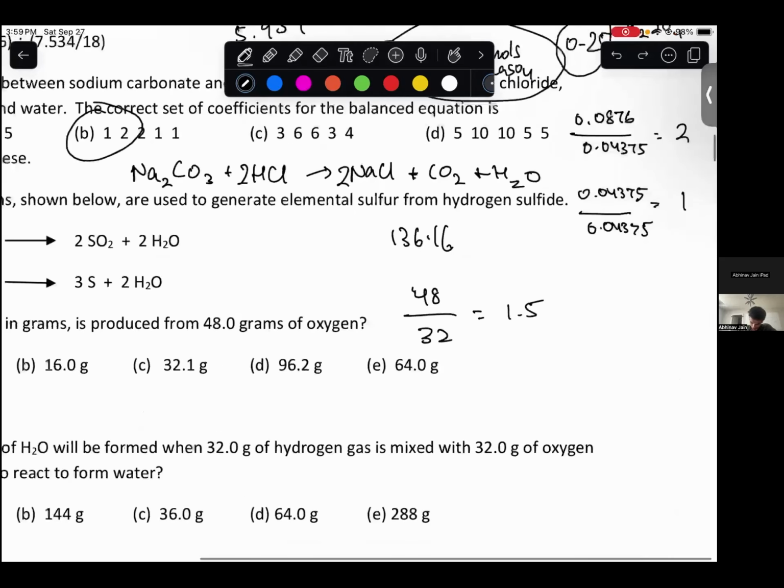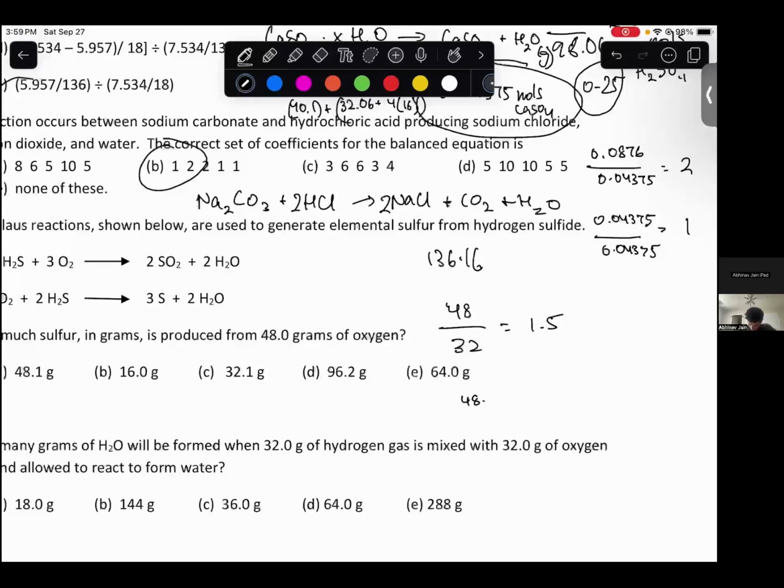So we can say that for every 32 grams O2, we have 1 mole O2. And then for every 3 moles O2, we have 2 moles of SO2.